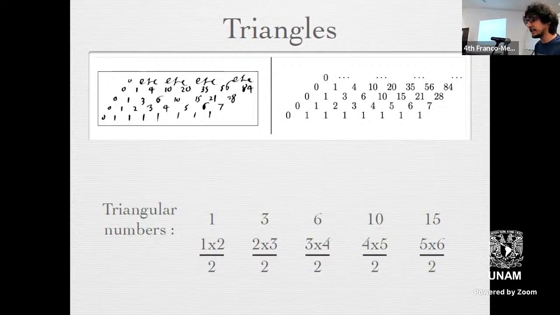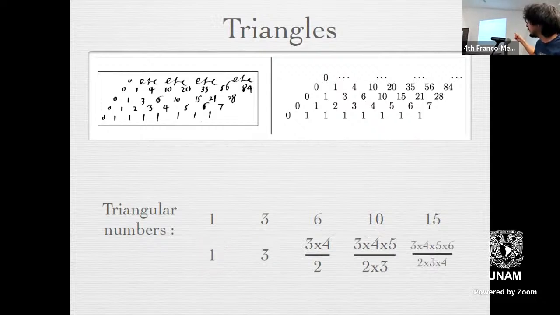And you can express it as the second figurate number of each type of figurate number. So for example, 3 multiplied by 4, 3 multiplied by 4 multiplied by 5, 3 multiplied by 4 multiplied by 5 multiplied by 6, divided and so forth and so on.